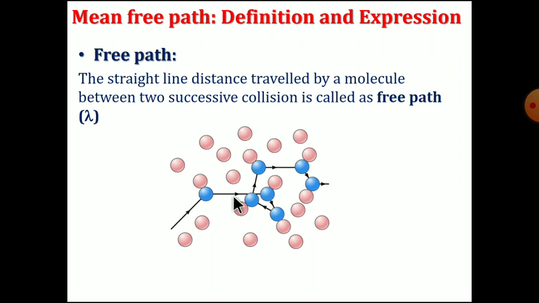That free path is a zigzag path. The magnitude of the free paths is different in a number of collisions. We take the average of all free paths and we get the next term, mean free path.